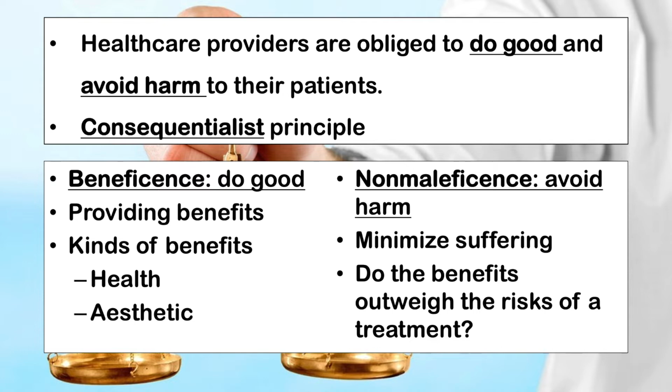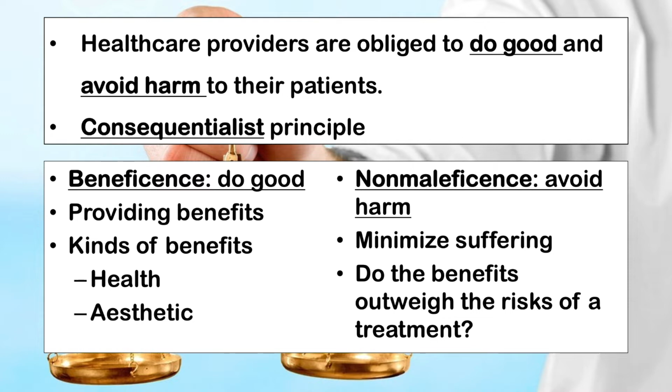So when we start looking at this kind of balance that we need to strike between benefits and avoiding harm, we are seeing how the principles of beneficence and non-maleficence could just be two sides of one coin. But there are going to be situations in which both of these principles may be in conflict, and we're going to look at examples later on.